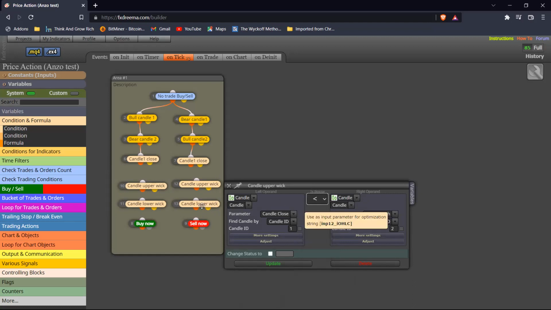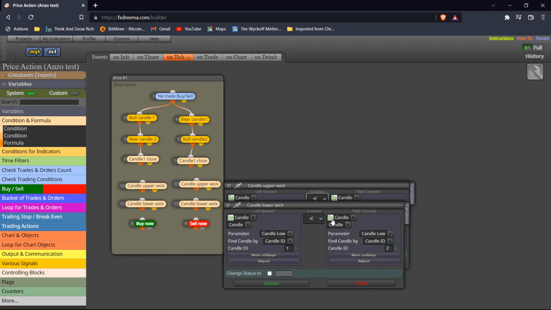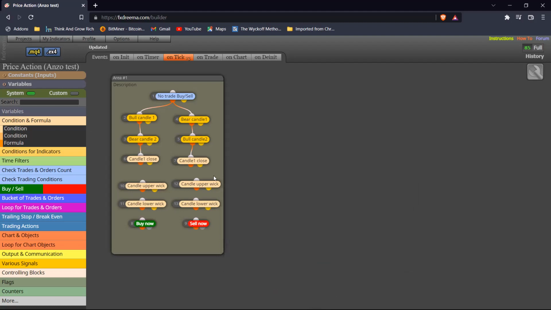And then the candle lower wick needs to be higher. Okay, updates, connect this. Okay, so we have done this, and let's go and test it, and hopefully it works.